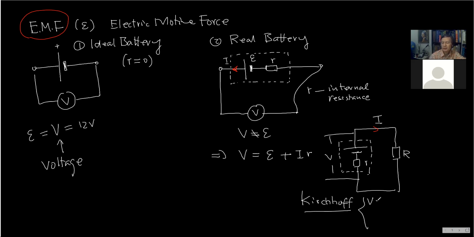If you use the voltage law here, we can just follow this notation: I multiplied by R plus I multiplied by the internal resistance should equal the voltage, the electromotive force. That is Kirchhoff's law about the voltage. So don't worry. Epsilon, EMF, is one context where you can use this idea.